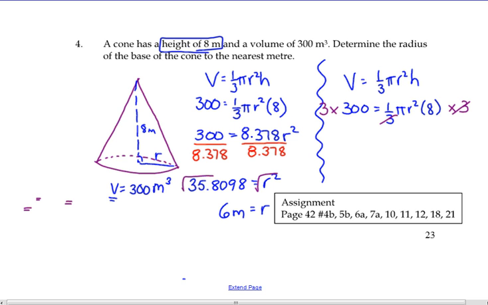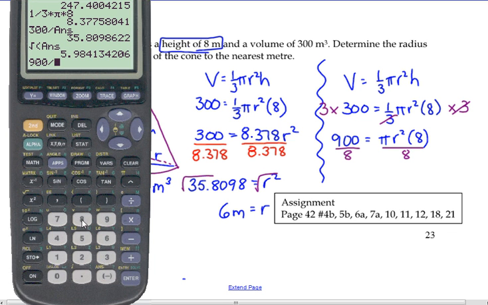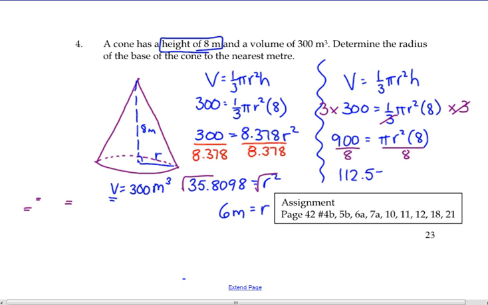That's what I would do too, because that 1/3 is kind of ugly. So 900 equals pi times r squared times 8. Now what? Divide by 8. Okay, 112.5.